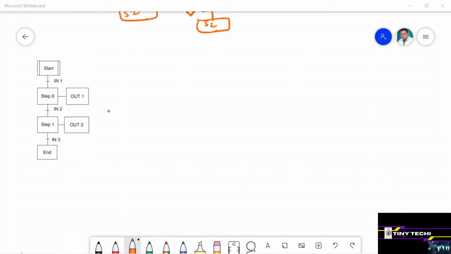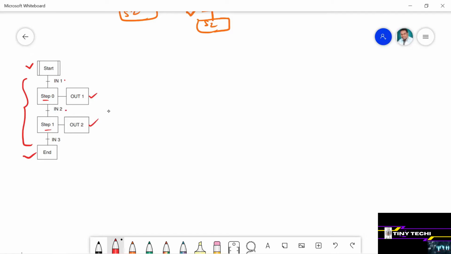Okay, as we discussed, the sequential function chart starts with the initialization of the process, denoted by the start, and the end of the process is denoted by the end block. In between we define the process, the sequential operation. In step 0 we have two states or steps, and three transition conditions here, but the outputs are linked only to the transition conditions of input 1 and input 2.